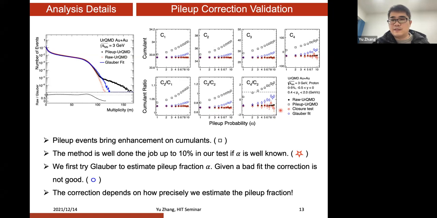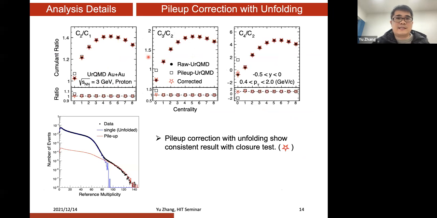The global method we used to extract the probability does not perfectly do the job, which is mainly due to the imperfect fit of the global fit to data. So in the next slide, I show the unfolding approach.